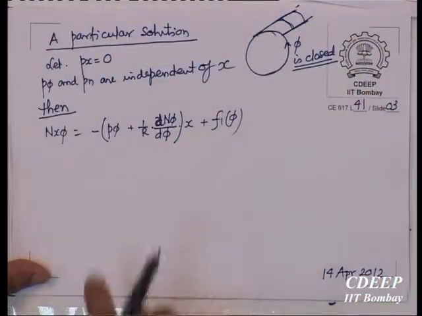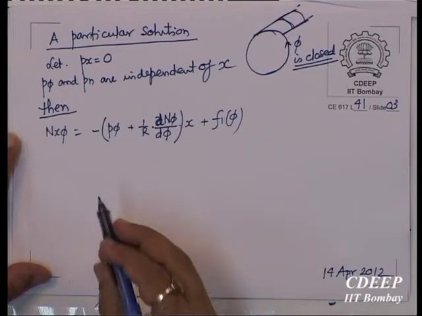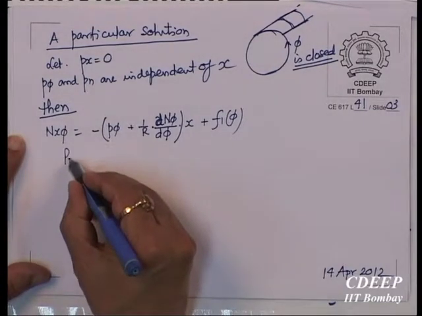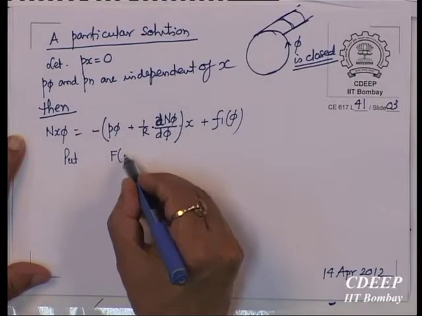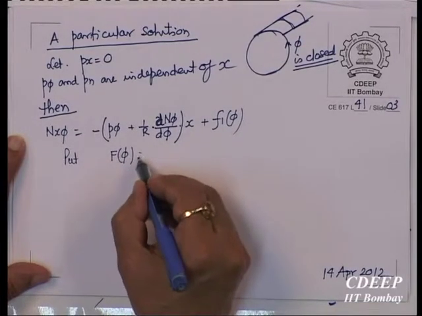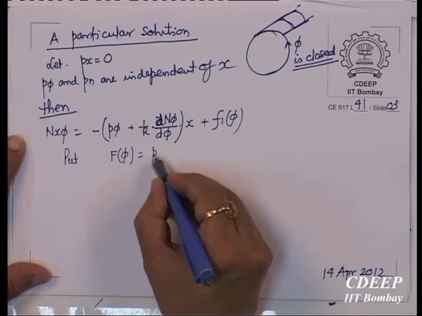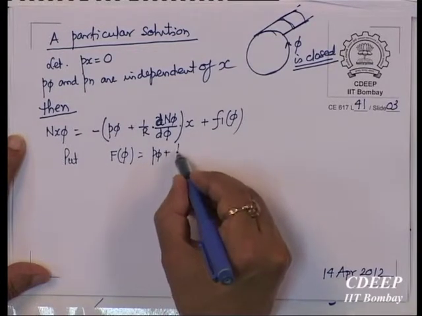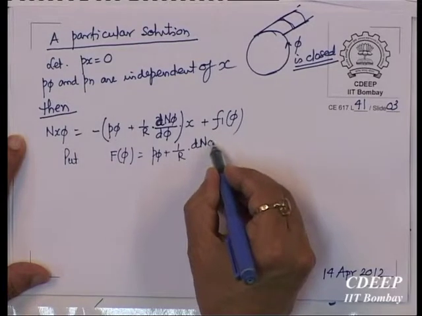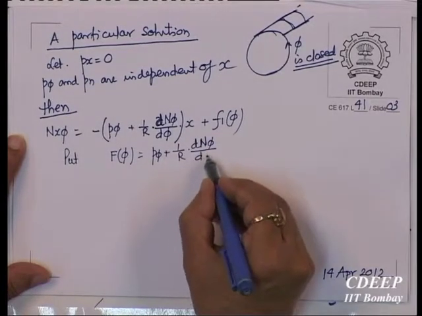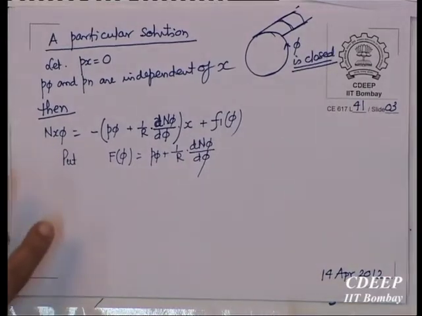Only thing you have to note is this: put some function f phi equal to P phi plus 1 by r d n phi by d phi. Why is it done?